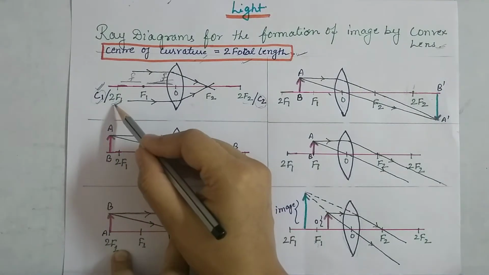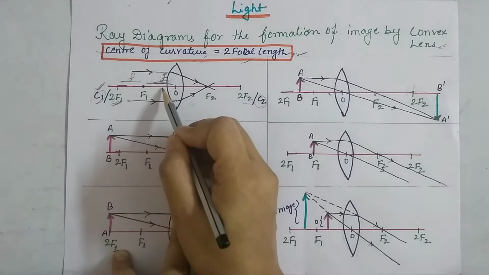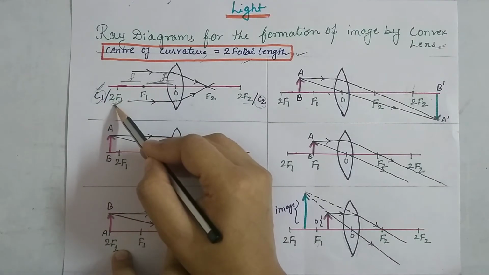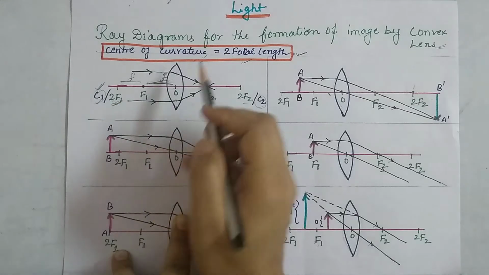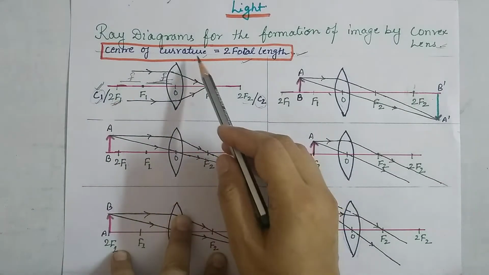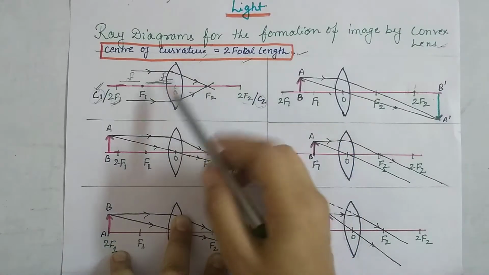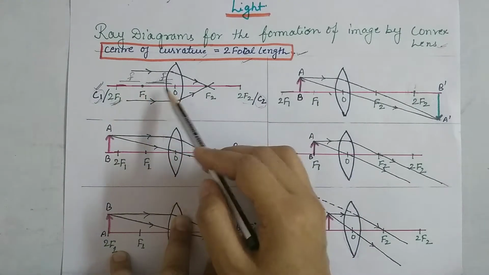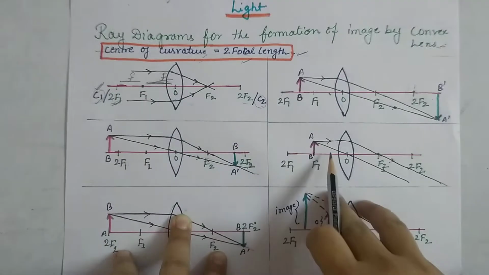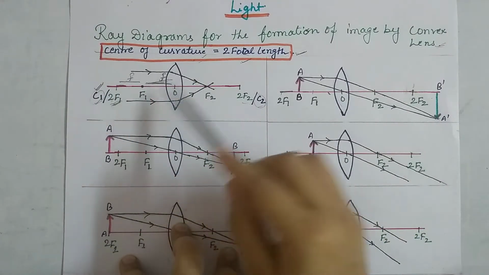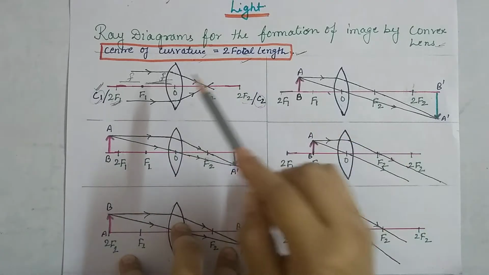That's why we put 2f1, double of the focal length. We can put c1 also, or 2f2 also. I hope you now understand why we put 2f1 here, because of this relationship.